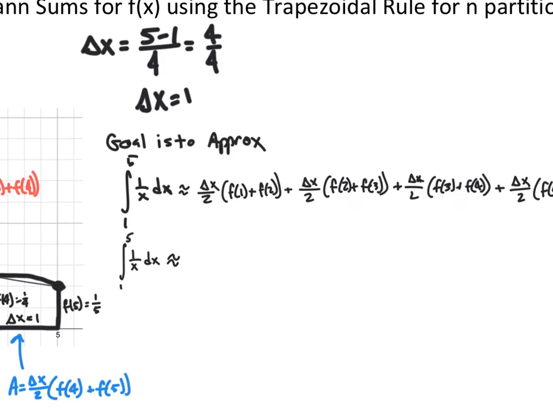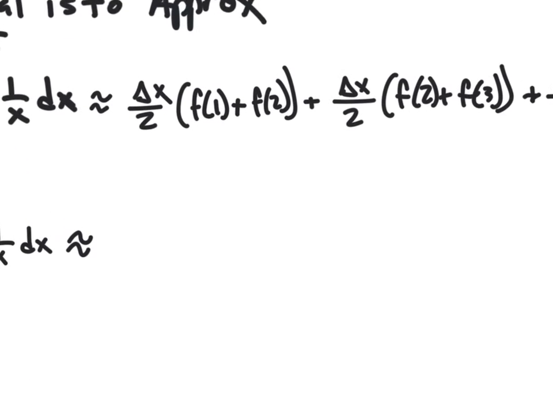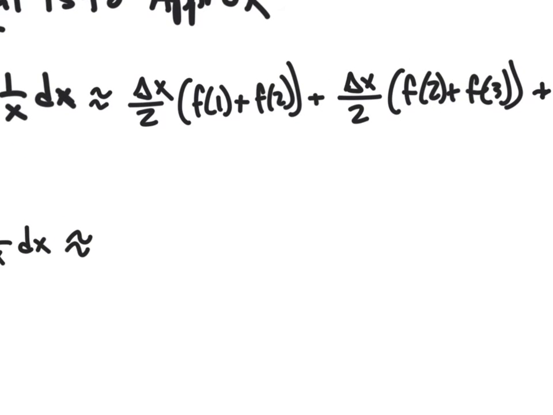Each of these has a common delta x over 2. So I can factor out a common delta x over 2 from each of those, and that leaves me with the sum of all of these y values. Let me factor out a delta x over 2, and let's think about what we're left with. We're left with f of 1 plus f of 2.